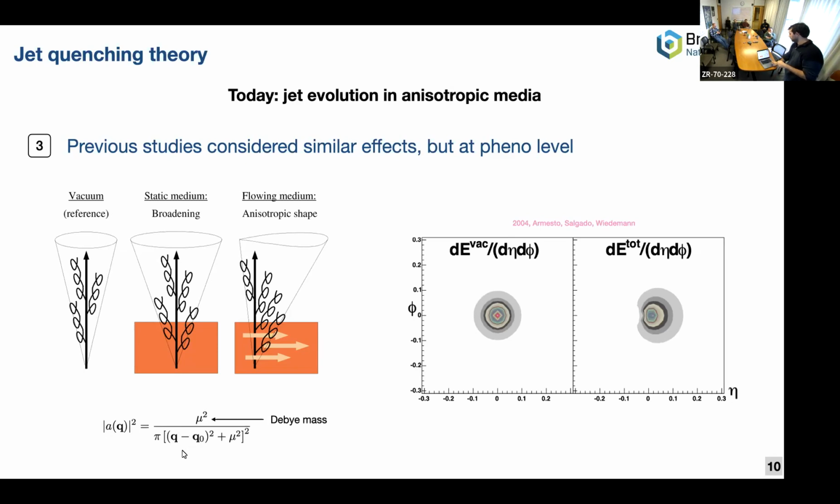This is what this shift here does. And although, phenomenologically, you will get the right qualitative picture, this is not what should be done. So the calculation that I will show is essentially how to implement this effect starting from a first principles calculation within the framework of jet quenching.